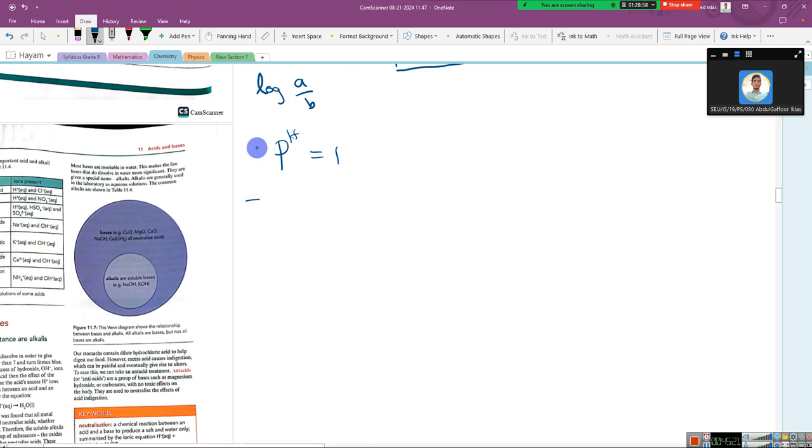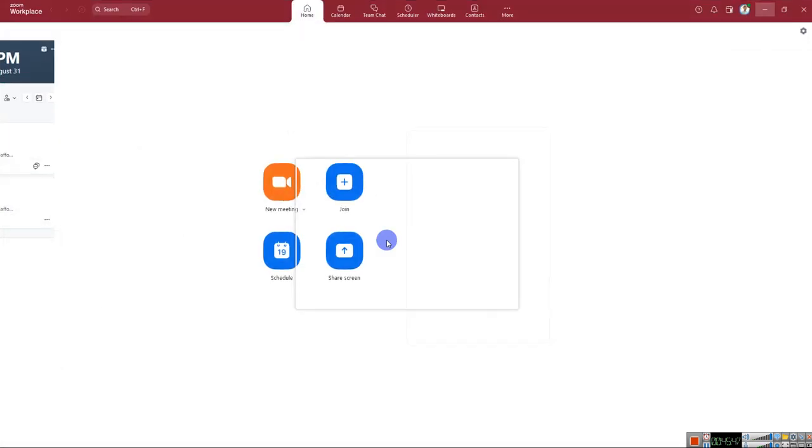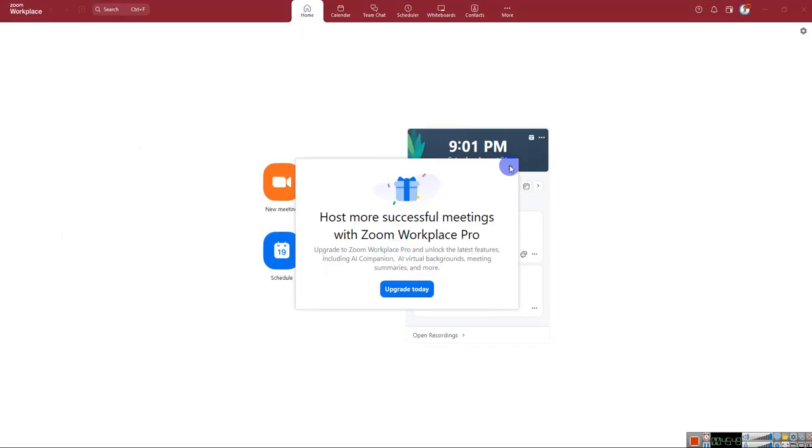Minus log H plus concentration is equal to pH. My pH is equal to 1, right? Now I need H plus. So how can I write it? The equation of pH is minus log H plus is equal to 1. So H plus concentration is equal to 0.1. Do you agree with this?